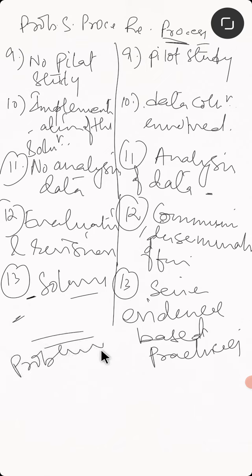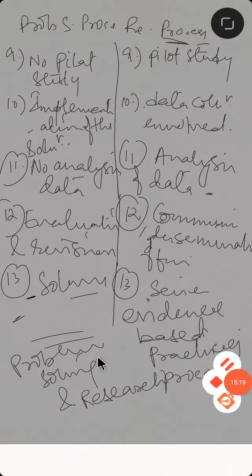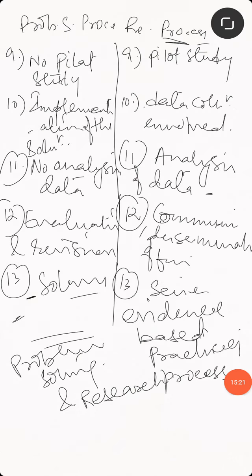So in a nutshell, what is the difference between problem solving and research process?